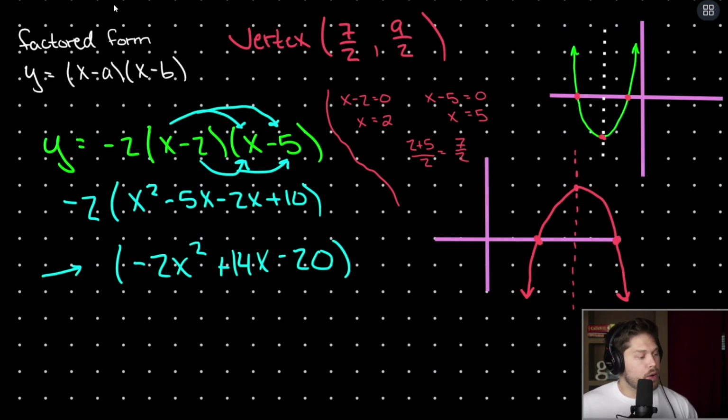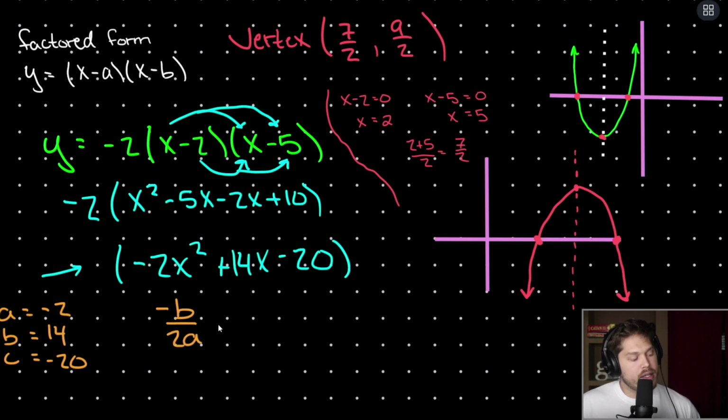Recall that for standard form, we want to list our a, b, and c values. So the a value is negative 2, the b value is 14, and the c value is negative 20. And then we will use our formula for our x-coordinate of negative b over 2a.